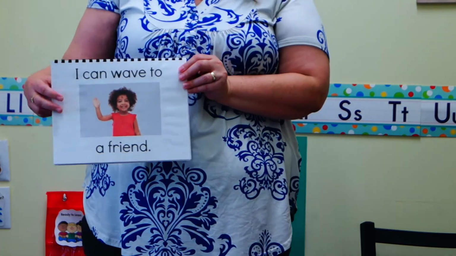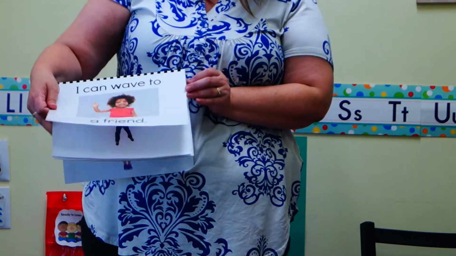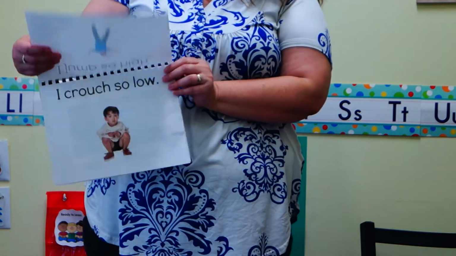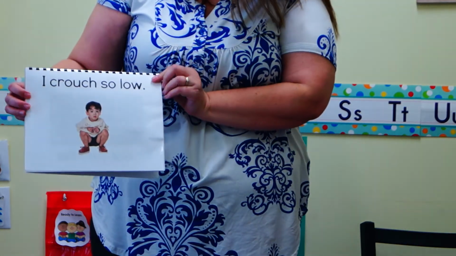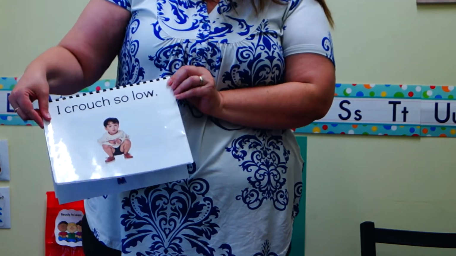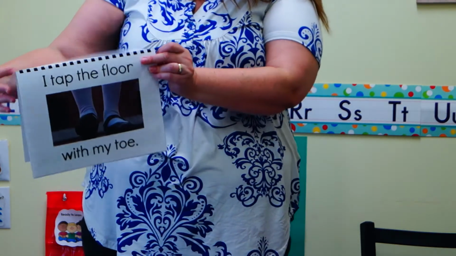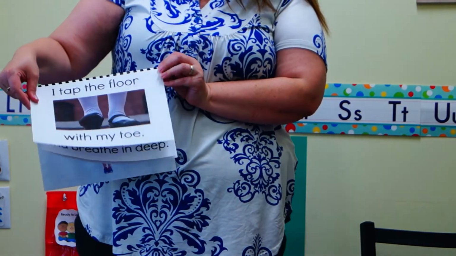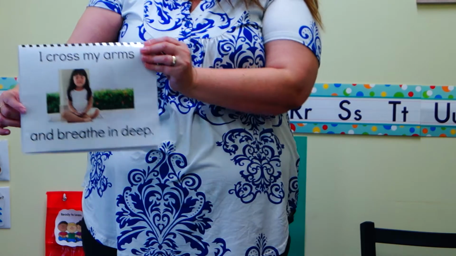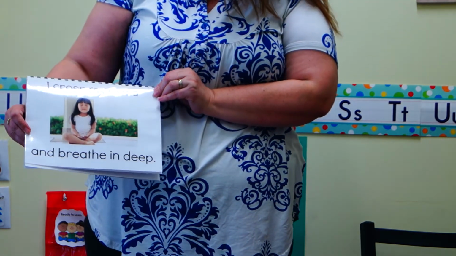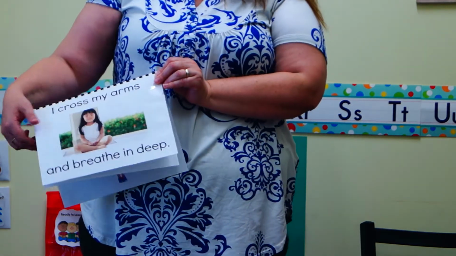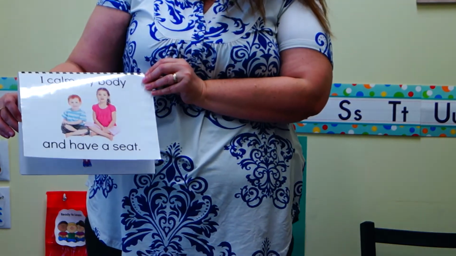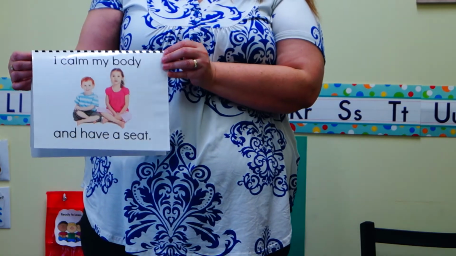I can wave to a friend. I can jump so high. I can crouch so low. I tap the floor with my toe. I cross my arms and breathe in deep. I calm my body and have a seat.